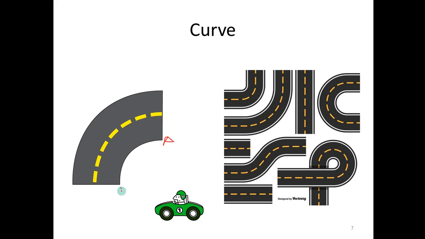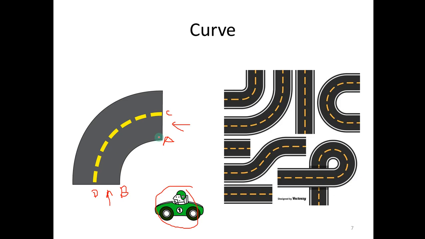Let's say here are points A and B, and this is C and D. We are going to take this car, which starts to travel from here through this curve to here, and this car will move in the first lane, the first track.